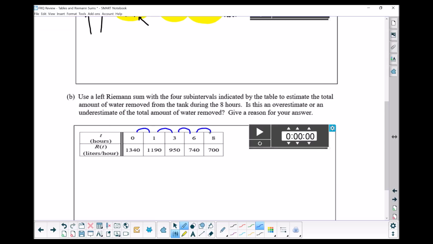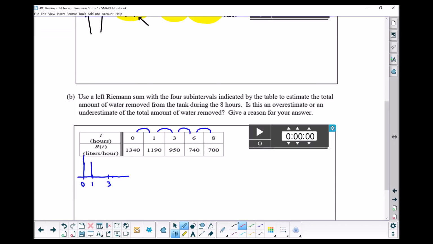So we look at this thing and we think, okay, left Riemann sum, right? What that means is we need to use the very far left sides of each of these partitions to figure out the height. You don't necessarily need to graph this, but if you had your 1 here and your 3 here, you would basically see that starting at 0, we have some y value up here at 1340, but then this guy only goes up to like 1100.